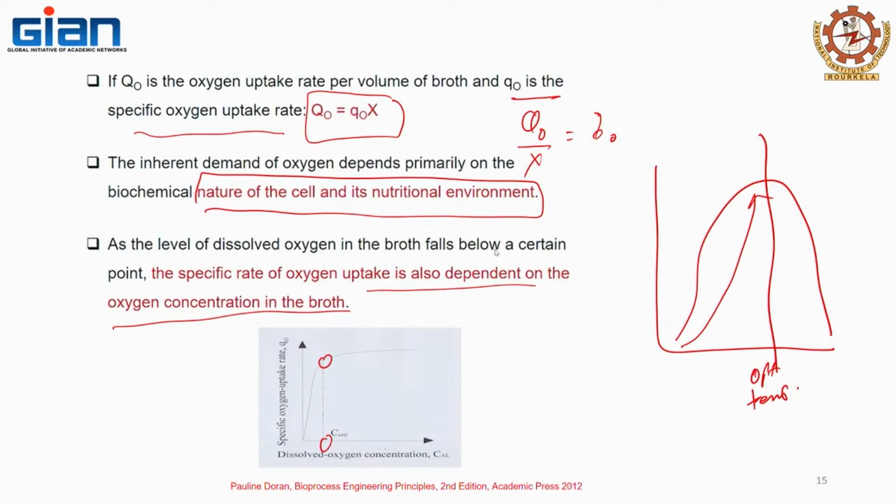The broth that we keep on talking about is the medium. You need to maintain enough oxygen in the broth for the cells to grow. It's the same concept again and again. But that maintenance of oxygen depends on the broth parameters, like the type of sugar that you are taking, the cell species that you have inside, and the properties of the fluid that you are using.